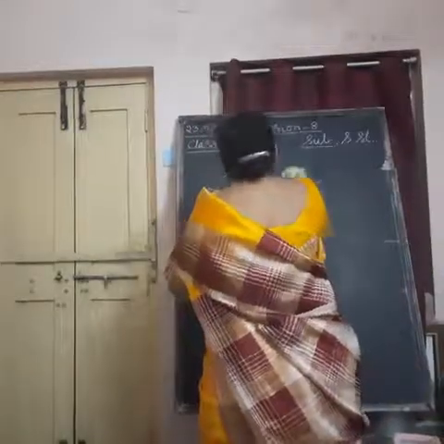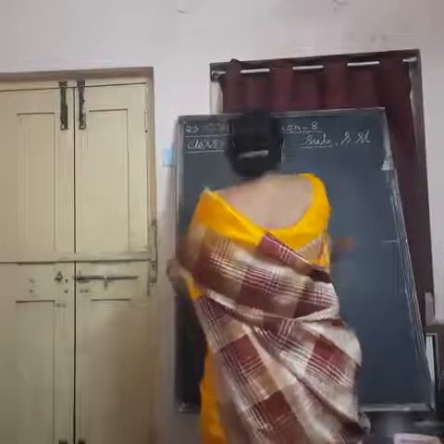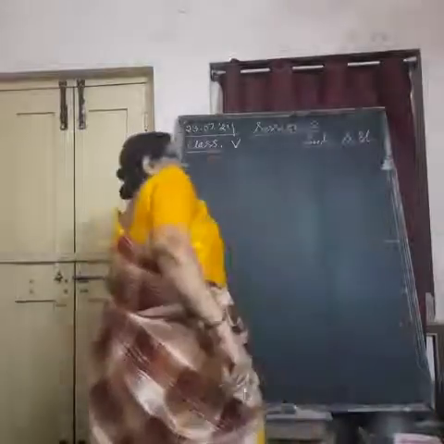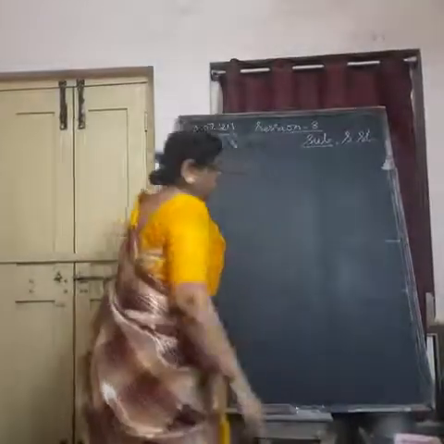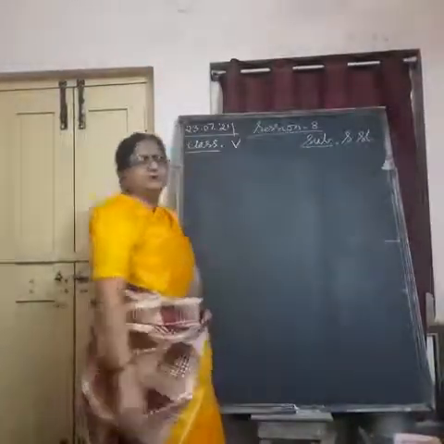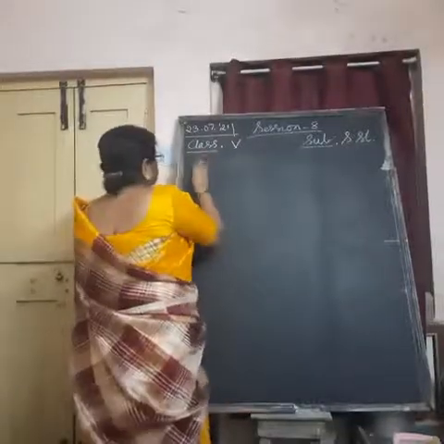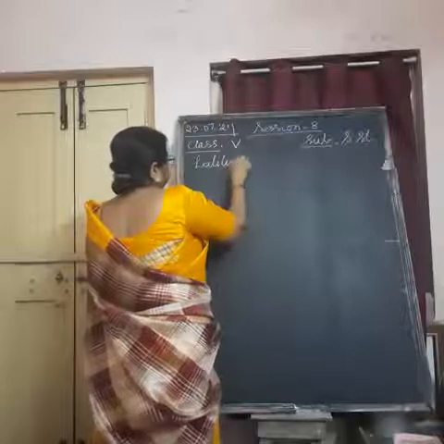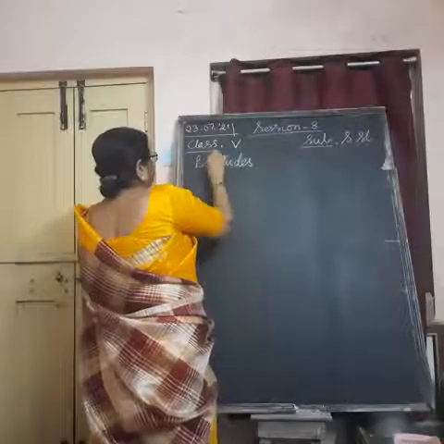Now, I am going to show you the differences between latitudes and longitudes. We can find 5 to 6 differences between latitudes and longitudes, children. How latitudes are different from longitudes? You are going to make out the difference.